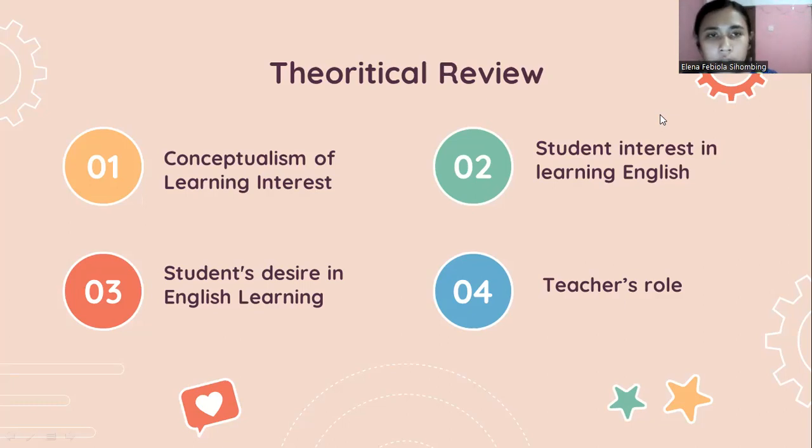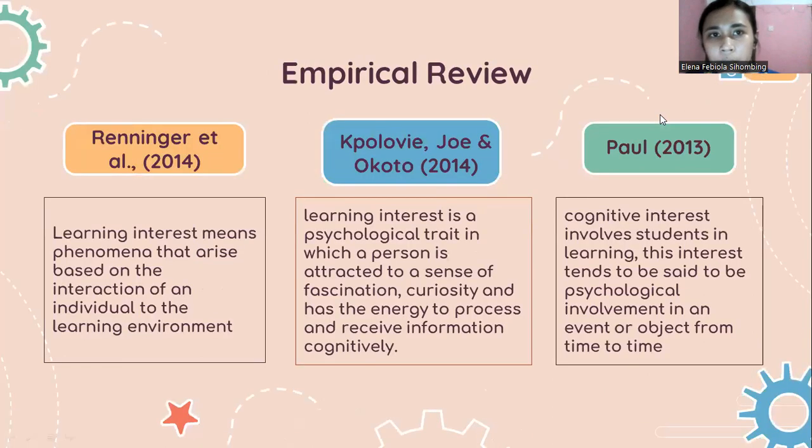Based on this theoretical review, there are some empirical reviews that have a relationship that can be used in my research. The empirical review is stated by some experts. The first is from Reininger et al. in 2014.